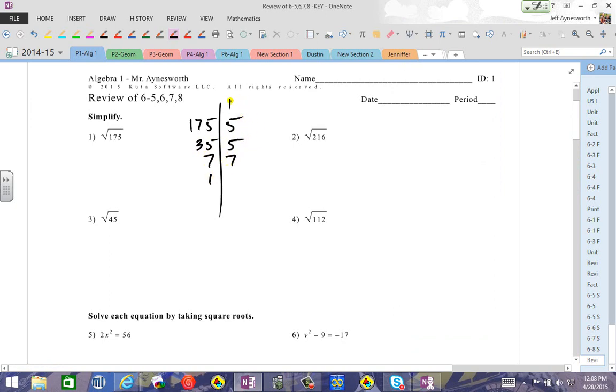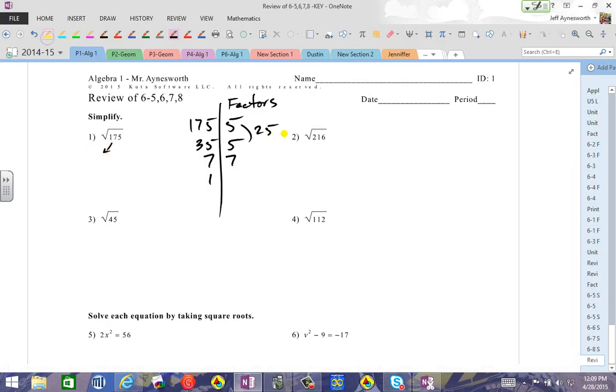So the factors are over here on the right. Anytime you multiply identical numbers, you get a square. So we now know that 7 times 25 is 175. So we're going to split the root into a factor pair. By using these factors here, the 7 and the 25, 7 times 25 is 175. You should know that because 7 quarters is $1.75.